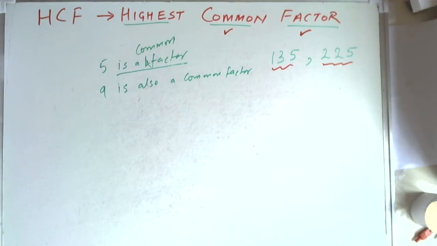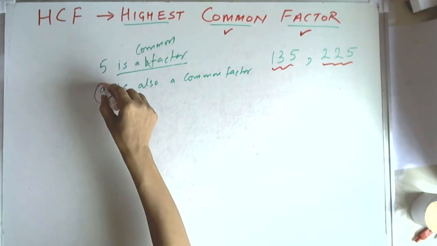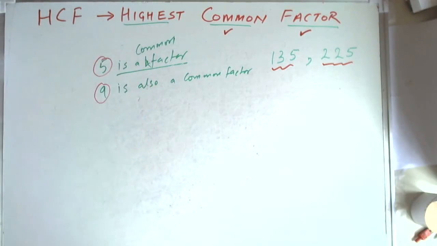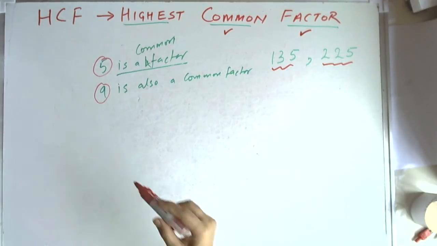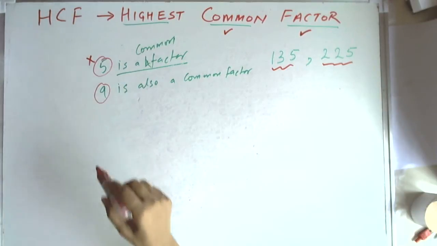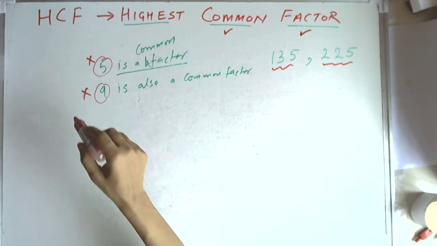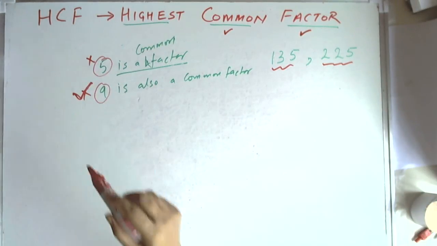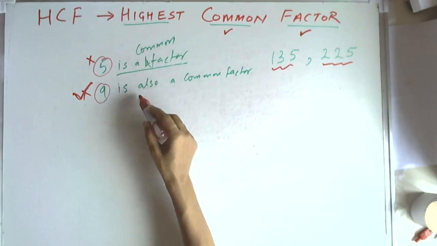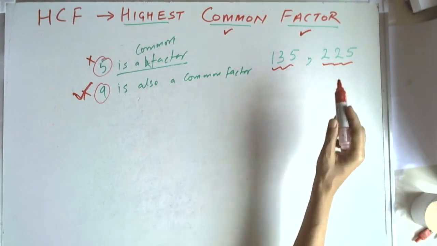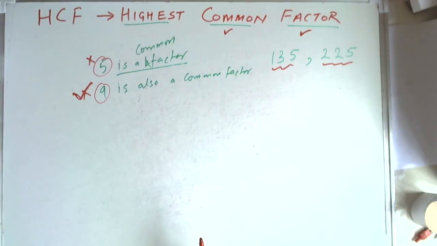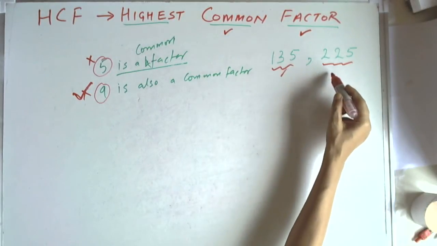So now 9 is greater than 5. Therefore 5 is not highest, 9 is higher. So between 5 and 9 we will say 9 is higher and is also a common factor to both these numbers 135 and 225.